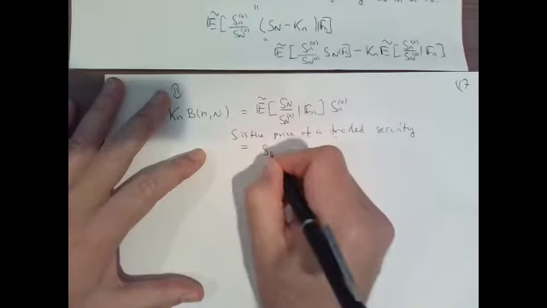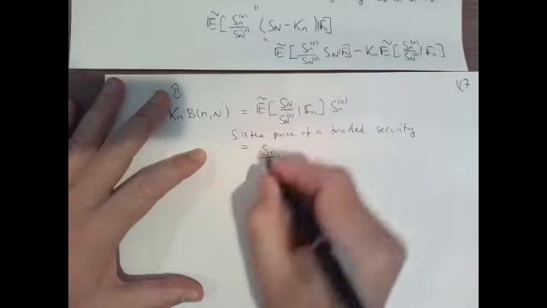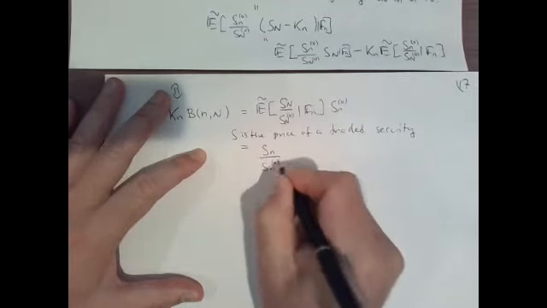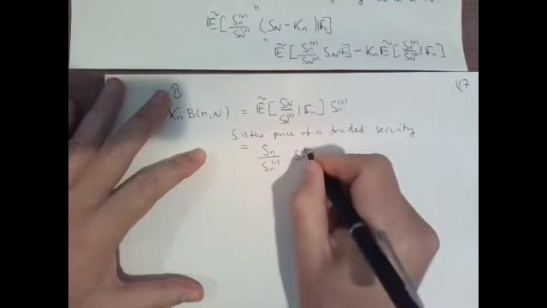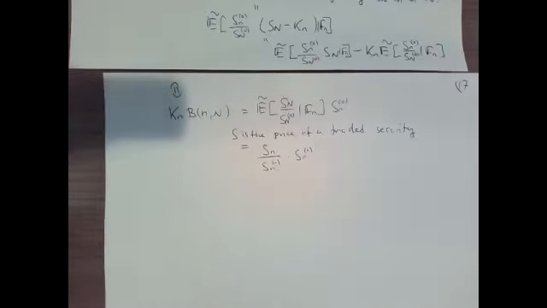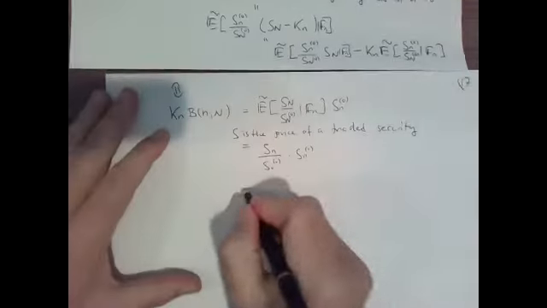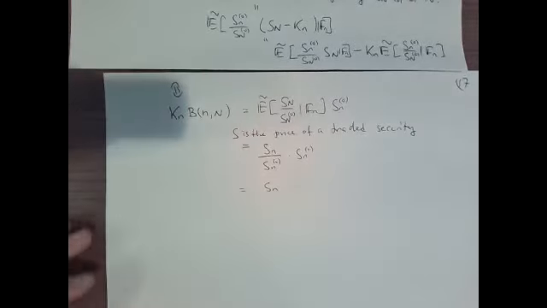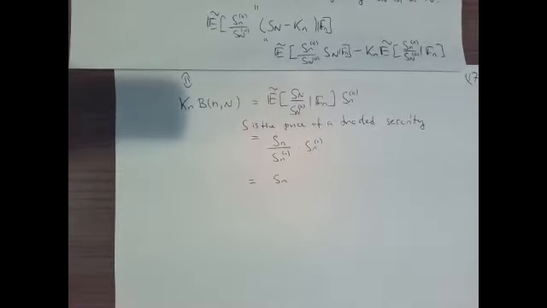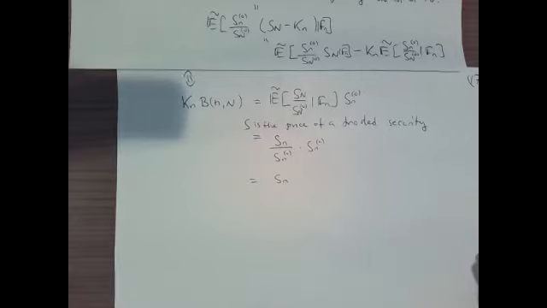This is going to be Sn times this Sn0. And we're ending up with Sn. So this is if the forward is written on an asset that is traded.